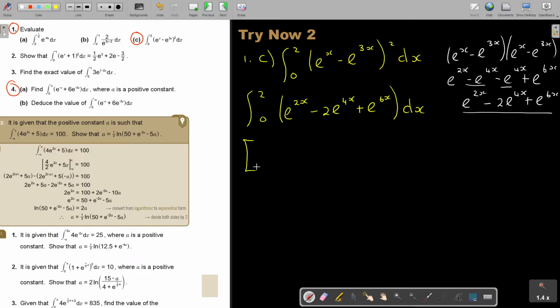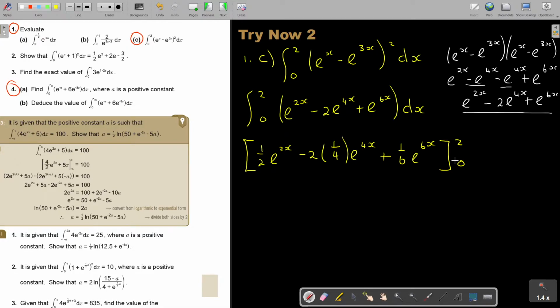Okay, we write this bracket, and then this is 1 over 2 e to the power 2x minus 2, and this is going to be 1 over 4 e to the power 4x plus 1 over 6 e to the power 6x, okay? And then I'm just going to write 2 and 0.